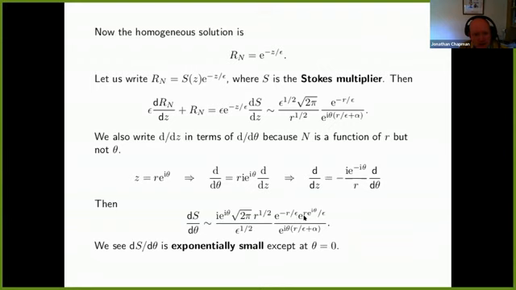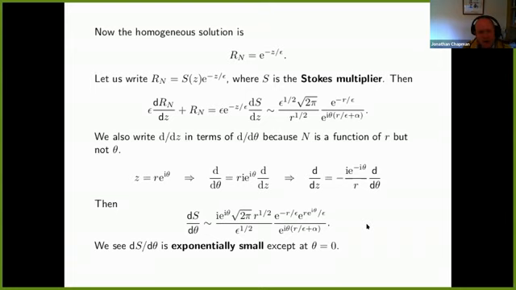And then z is r e to the i theta over epsilon. So we see, in fact, that s is also exponentially small. I've factored out an exponential, but it's still exponentially small almost everywhere. So I've still got an e to the minus r over epsilon here, but I've also got an e to the plus r over epsilon here, but it's got an e to the i theta here.